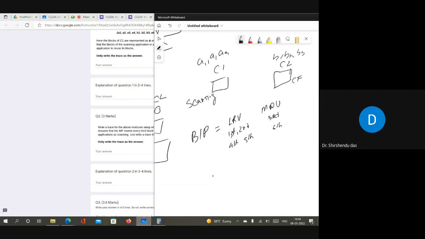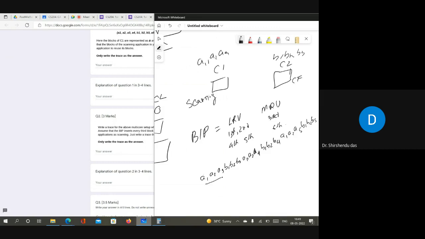Now suppose I write a trace like this: A1 A2 A3, and then B1 B2 B3, and then again A1 A2, then A4, then again B1 B2, then B4, then again A1 A2 A5, then B1 B2 B5, like this.